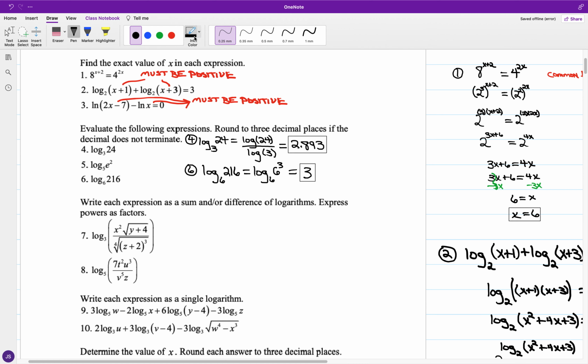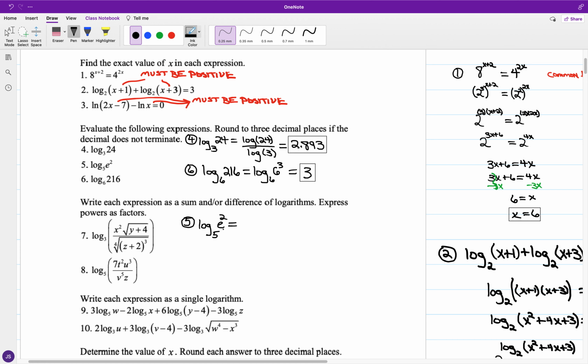Now, in the case of number 5, you could look at this in a few different ways. Here you have the base 5 logarithm of e to the 2nd. You can use the change of base formula through either natural or base 10 logarithms.